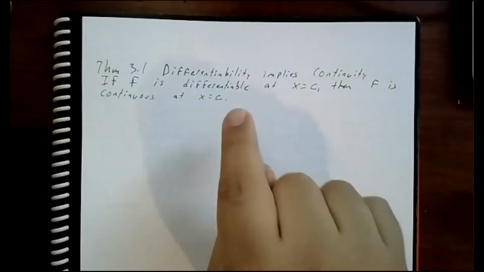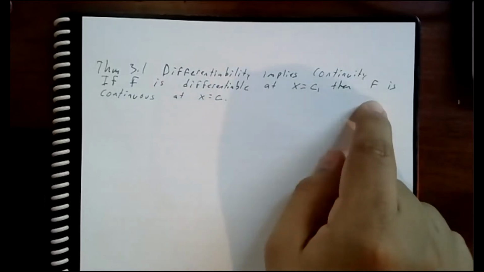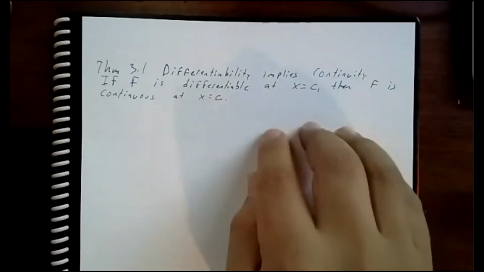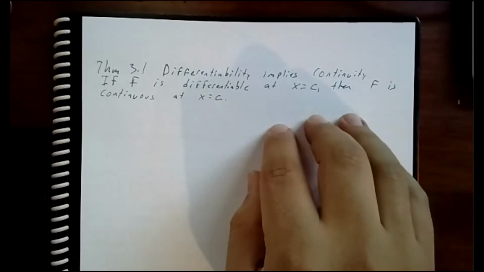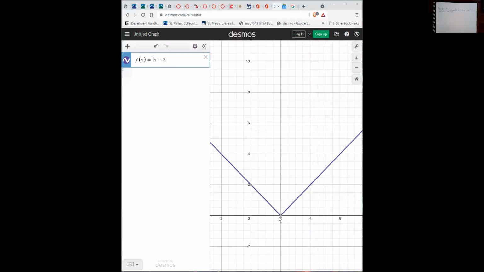The statement said, if this is true, then this is true. It doesn't say that if this is false, then this is also false. That's not how logic works, right? So technically at that absolute value, I am continuous here, but I'm not differentiable. So I can't say the converse. I can only say the straight up one directional statement. Just wanted to point that out in case it comes up.